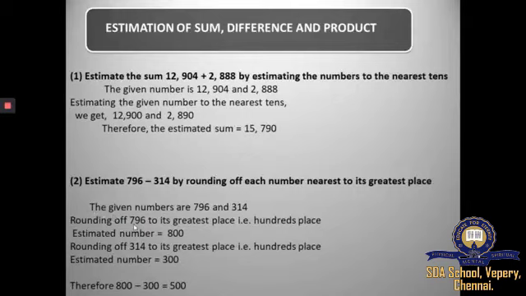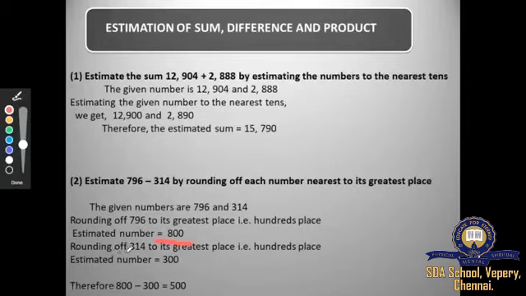The digit in the tens place is 9. So you add 1 to the digit in the hundreds place and replace the tens and ones place by 0. Thus, we get the estimated number to be 800.